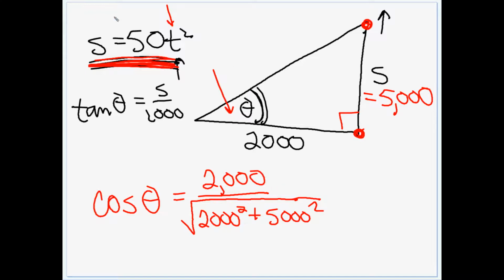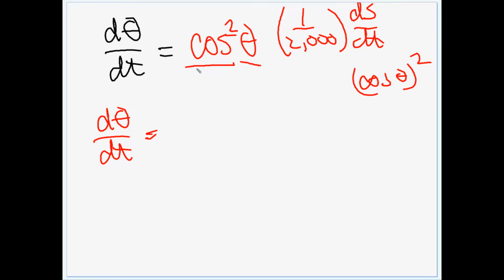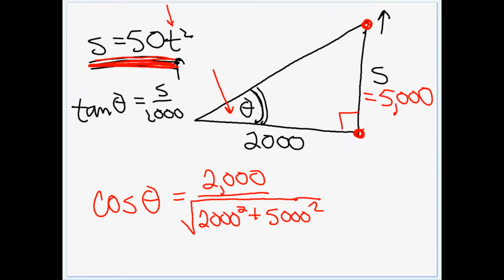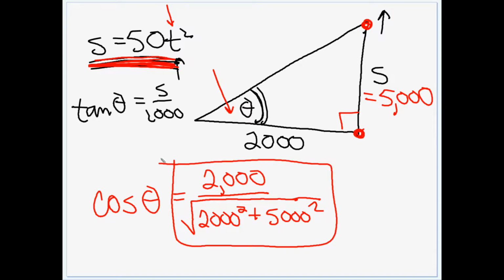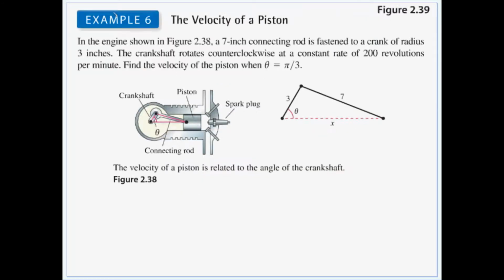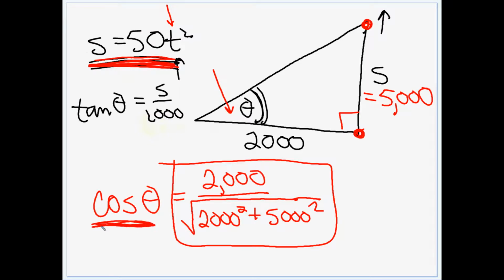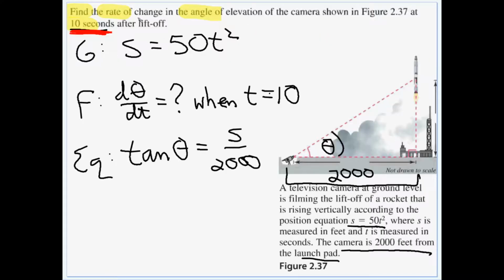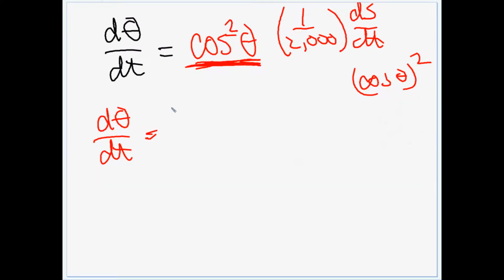We've still got, where did that go? Yeah, here we go, cos squared. I should have been writing that in there. So this cos of theta, 2,000 divided by that radical, is going to go in for this cos squared theta. Well, let me say that again. What we found here, this is cos of theta. Remember, what we want to put in here is cos squared of theta.